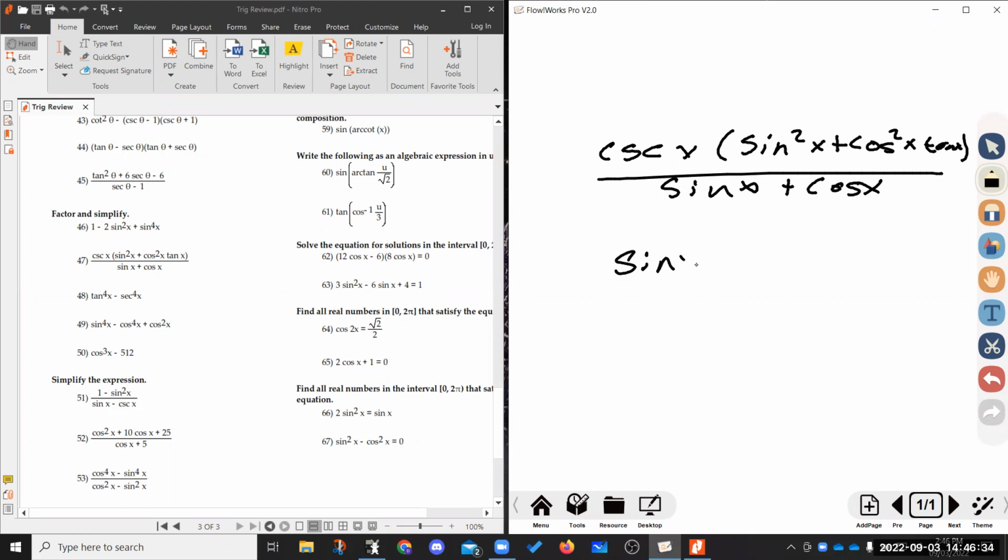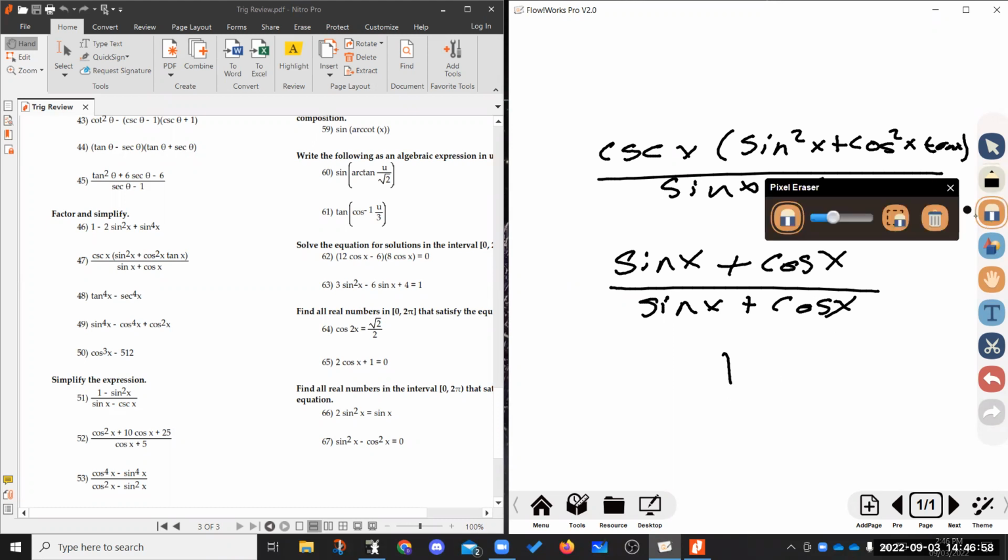That's a sine x plus a cosine x in the top. And that is sine x plus cosine of x in the bottom. And that equals 1, as long as it's not 0 over 0.